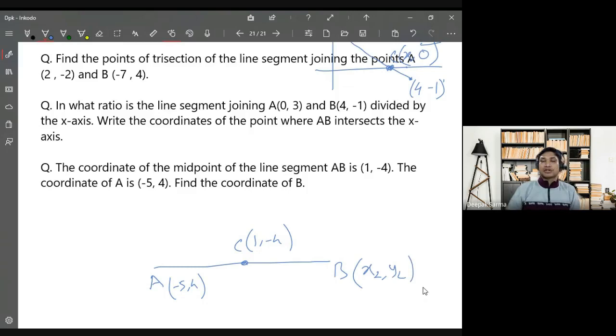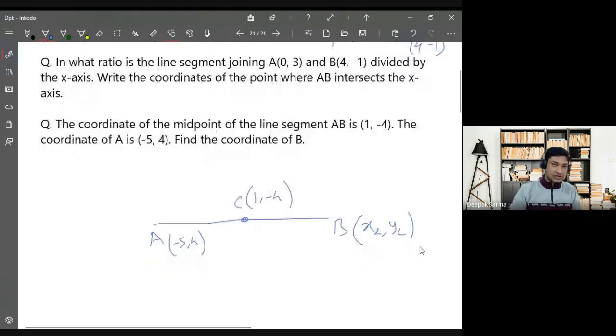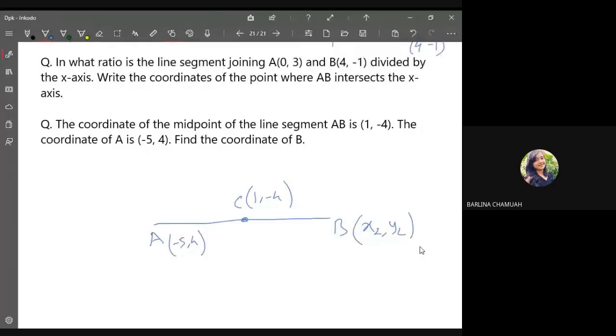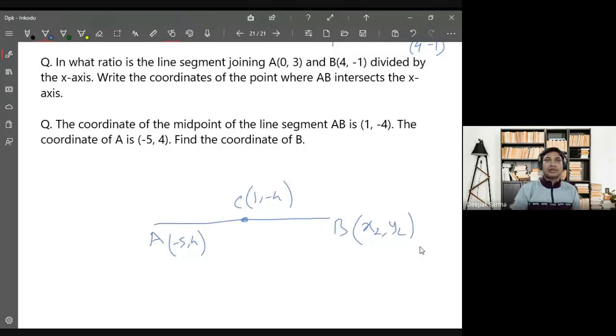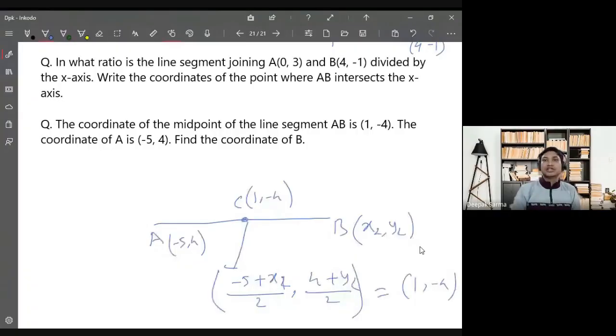Can you find the coordinate of B? Yes, sir. Apply the midpoint formula: the point 1 is actually (-5 plus x2) by 2. If you compare, you will get x2. Similarly, you will get y2.